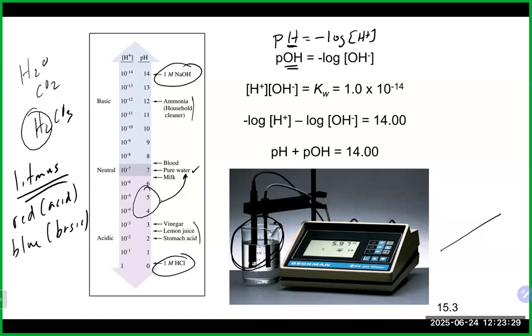Why would you want to calculate the pOH? Because there's a really nice relationship between the two: if you take the pH plus the pOH, it will equal 14. So, for example, if you know the OH minus concentration and you want the pH, all you have to do is get the pOH, subtract it from 14, and you have the pH pretty quickly. We'll add our Kw to our list here.